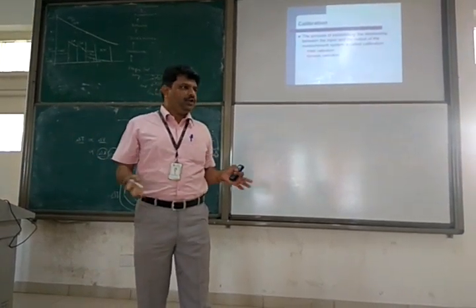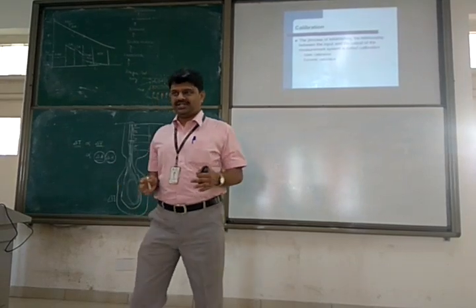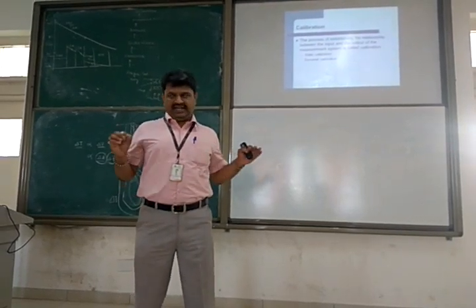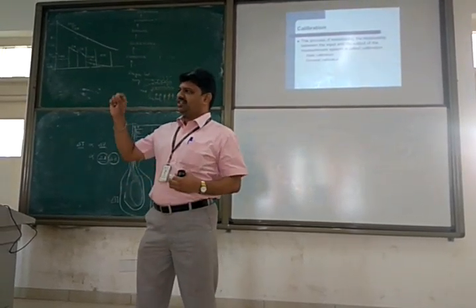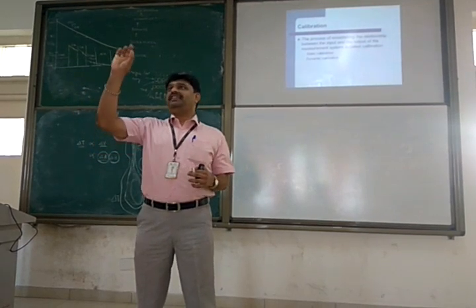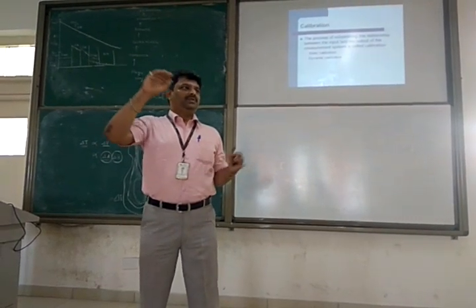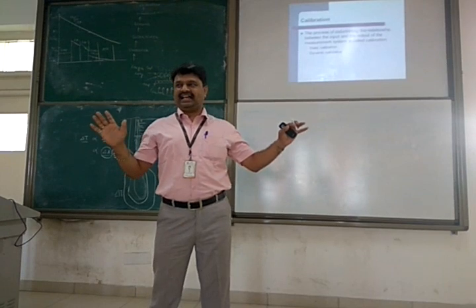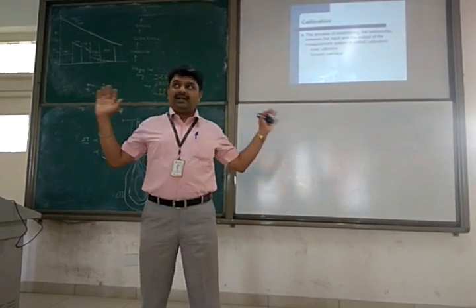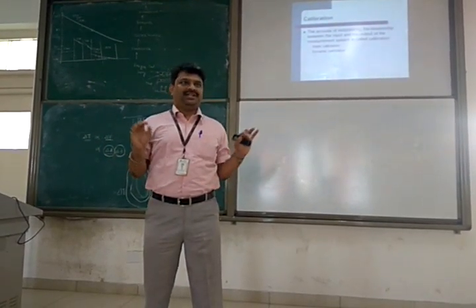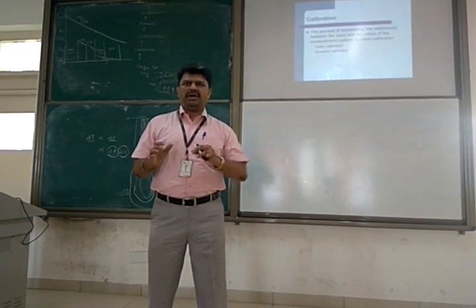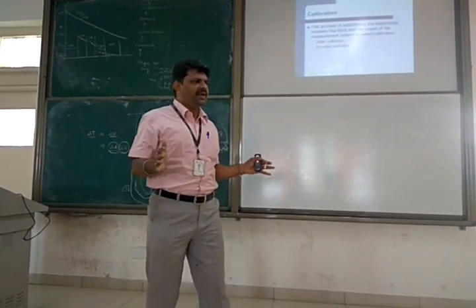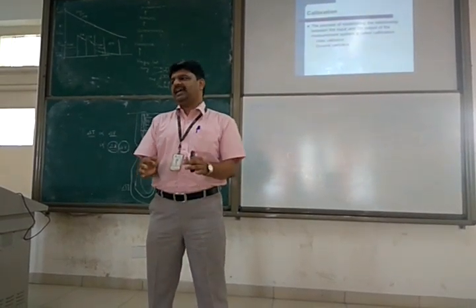We don't purposely do anything. Static calibration means it is done in laboratory conditions. Let's say 23 degrees Celsius, 55 humidity, atmospheric pressure exactly 1 bar. Only so much lighting, so much cleanliness. All parameters, all environment, you keep under control and then perform the calibration.